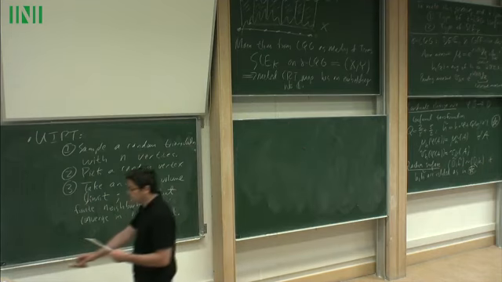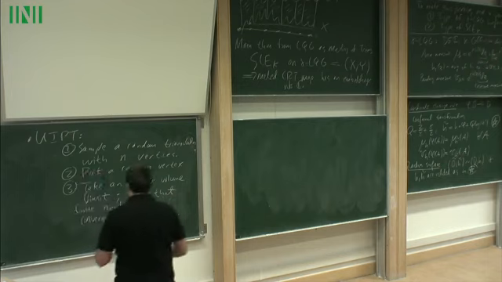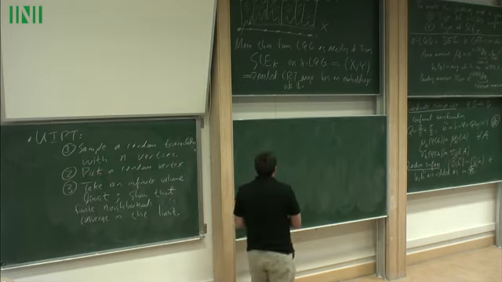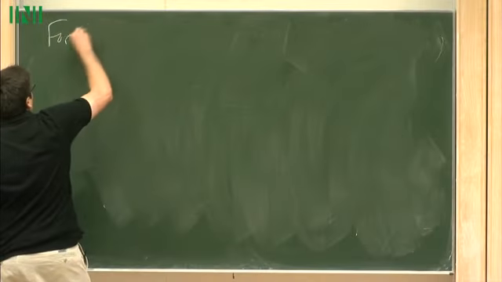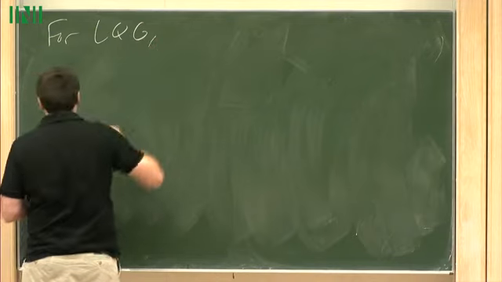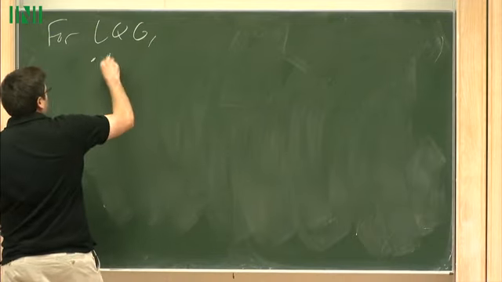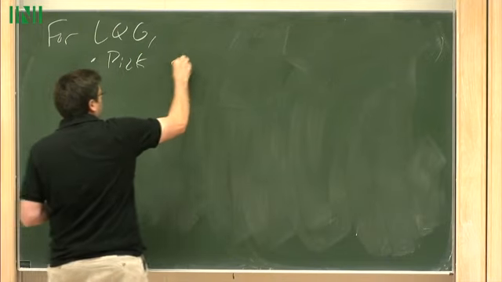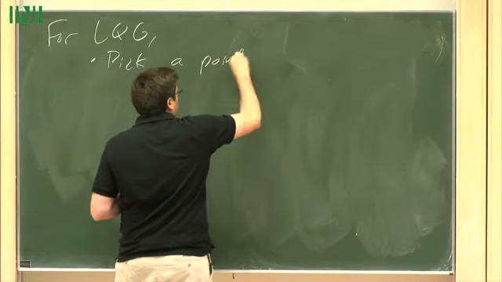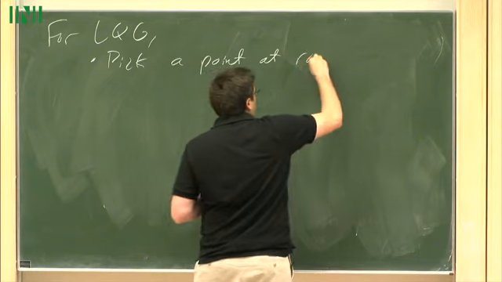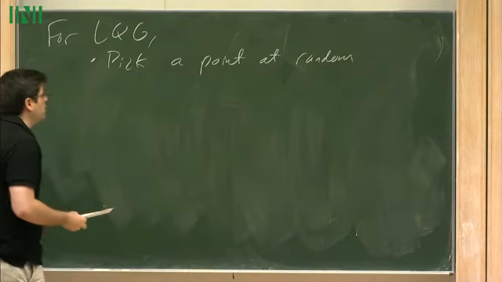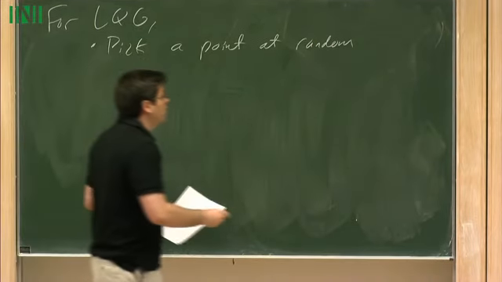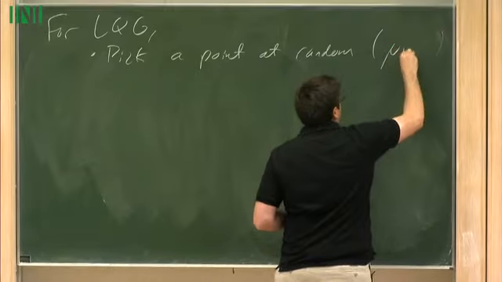Right, and so how does this work? To do this for Liouville quantum gravity, you have to be able to do two things. You have to be able to pick a point at random, which is going to be the analog of picking a random vertex in a random triangulation, and this is going to come from the Liouville quantum gravity measure.